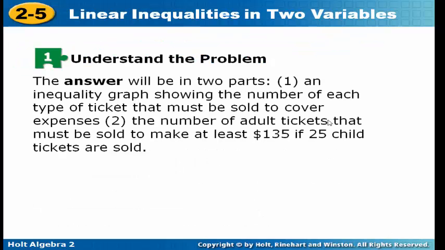First, the answer will be in two parts. An inequality graph showing the number of each type of ticket that must be sold to cover expenses, and then the number of adult tickets that must be sold to make at least 135 if 25 child tickets are sold.